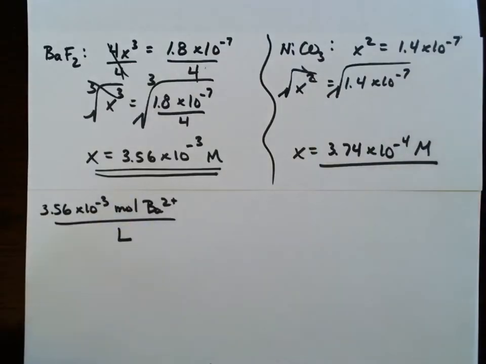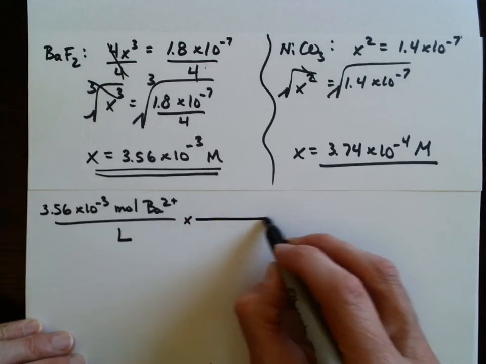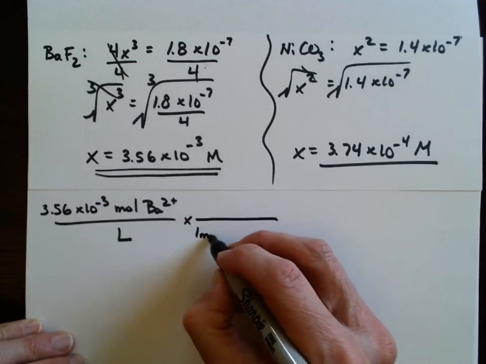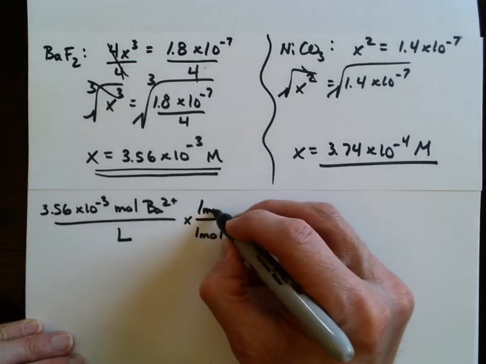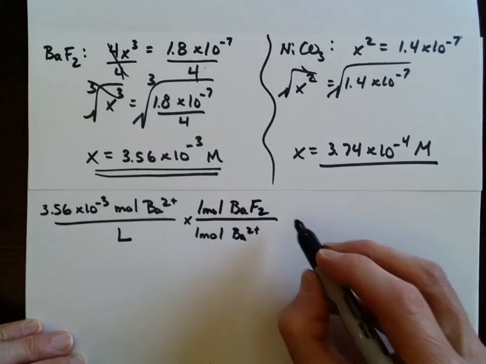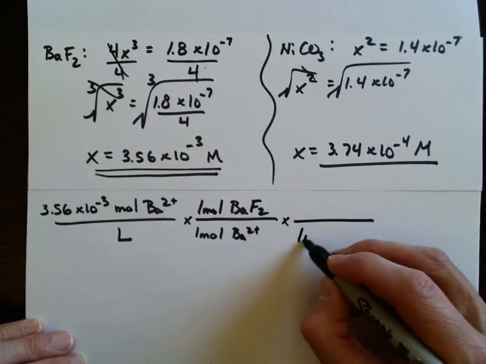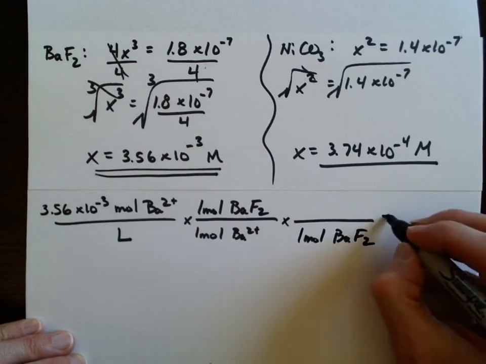So that's why I'm using this here. But how much of the whole salt in terms of grams will dissolve? Well, for every 1 mole of barium ions, there must be 1 mole of barium fluoride that must have dissociated. And for every 1 mole of barium fluoride, what is that?